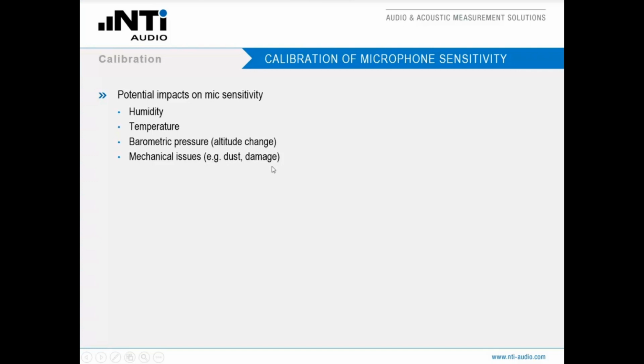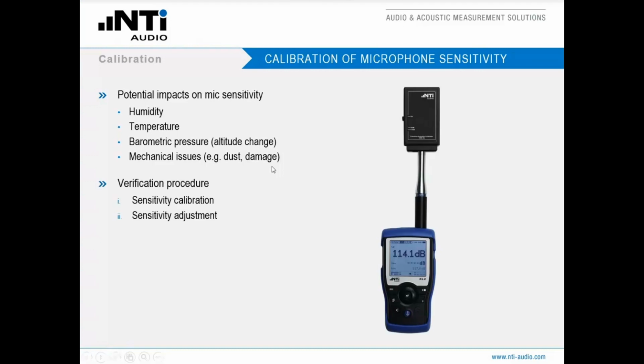So in order to verify whether the microphone sensitivity, which plays a key role in the measurement, is correct or not, you have to do a microphone sensitivity calibration or verification. What you do is put your microphone calibrator onto the microphone and execute the corresponding test.